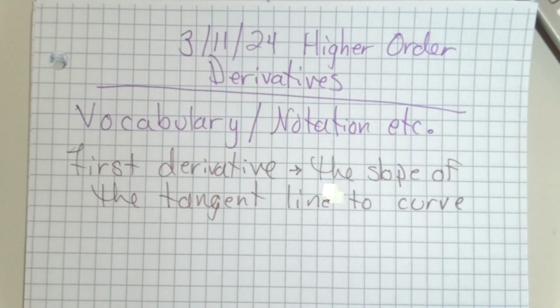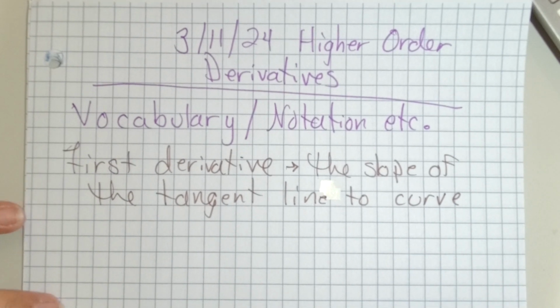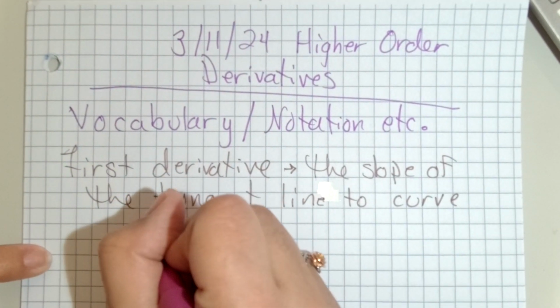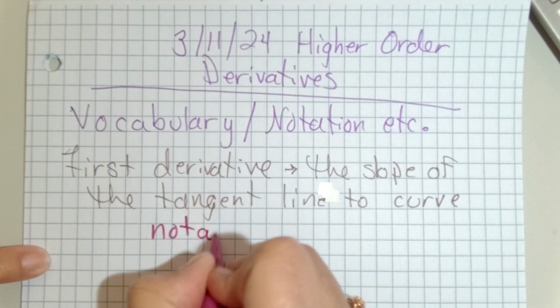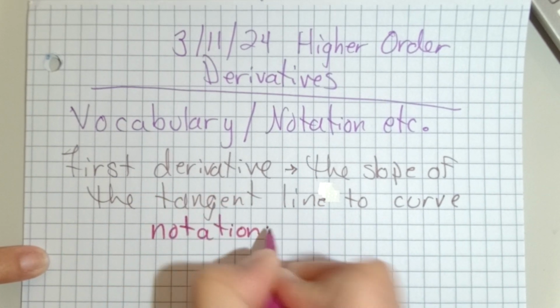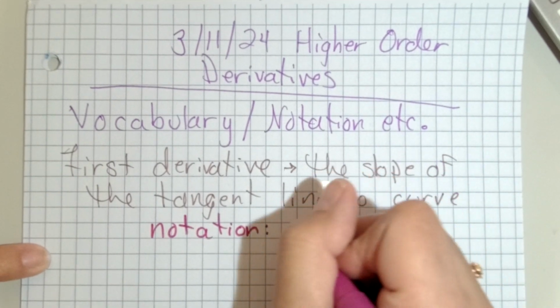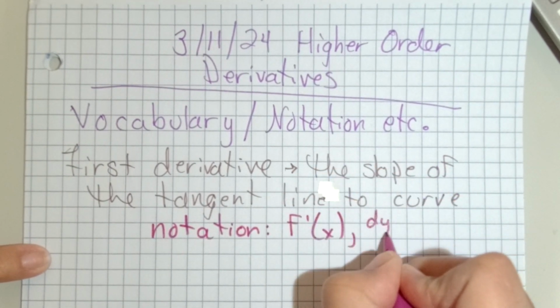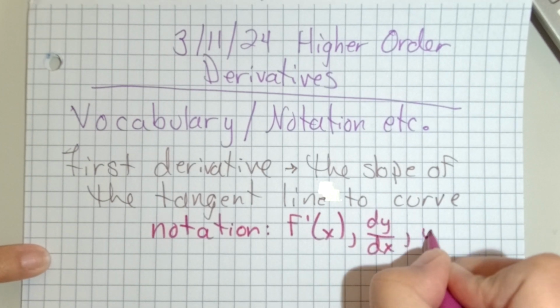We're going to go back to tangent lines in a couple of weeks, but we need to remember this. The notation for that is f prime of x, dy dx, y prime.